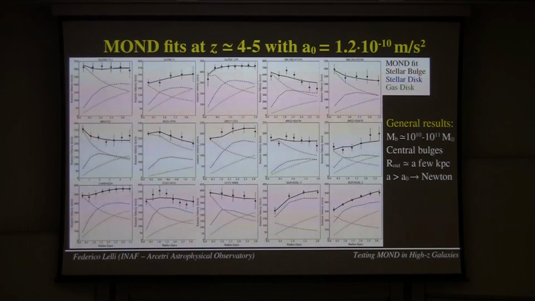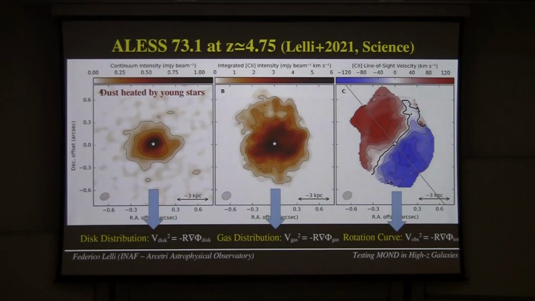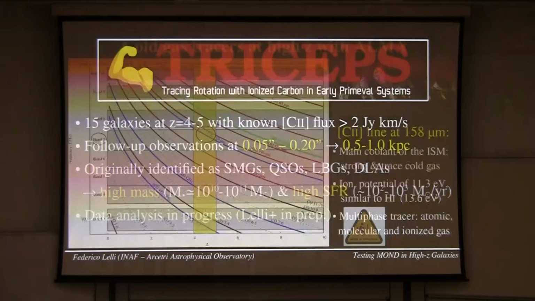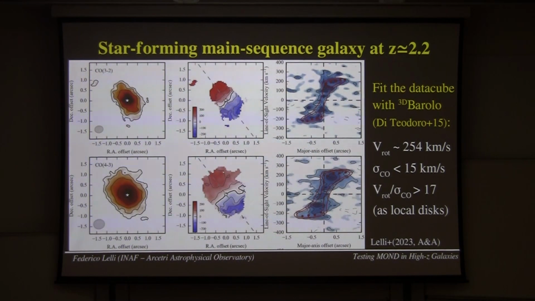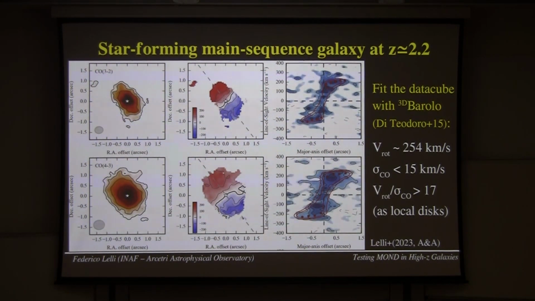Thank you, Federico. I was just wondering, in your initial slides, where you showed a ratio of velocity over dispersion, you got 22. Yeah, something like that. So this is at redshift 2.2.